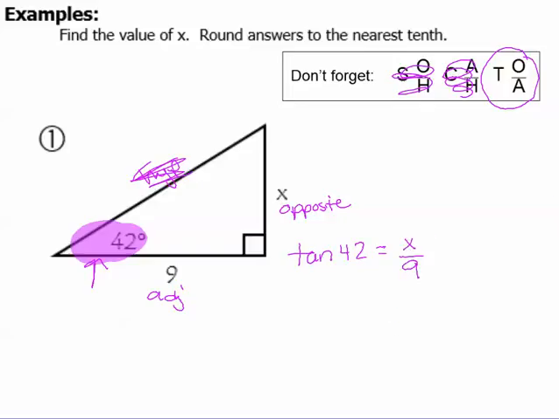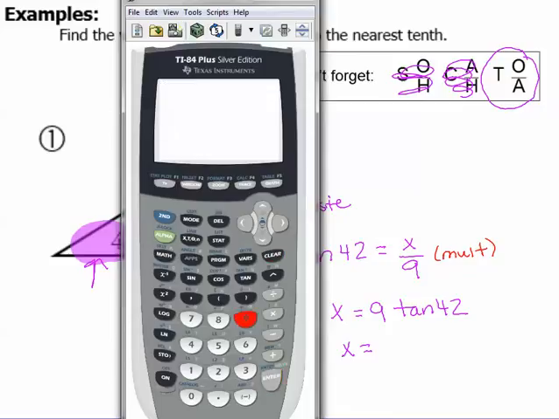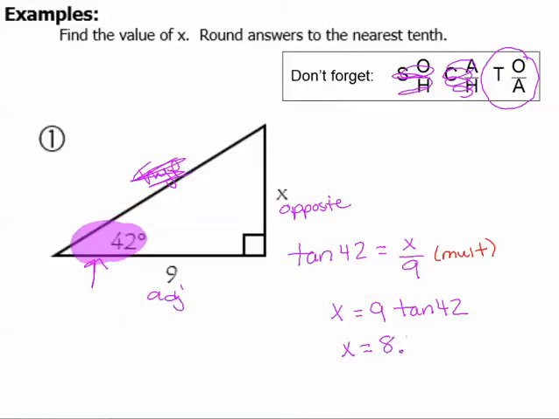Now because x is on top, I'm going to multiply. And when I multiply, I get x equals 9 times tangent of 42, which I'm going to plug into my calculator. 9 times tangent of 42. And I get 8.1.